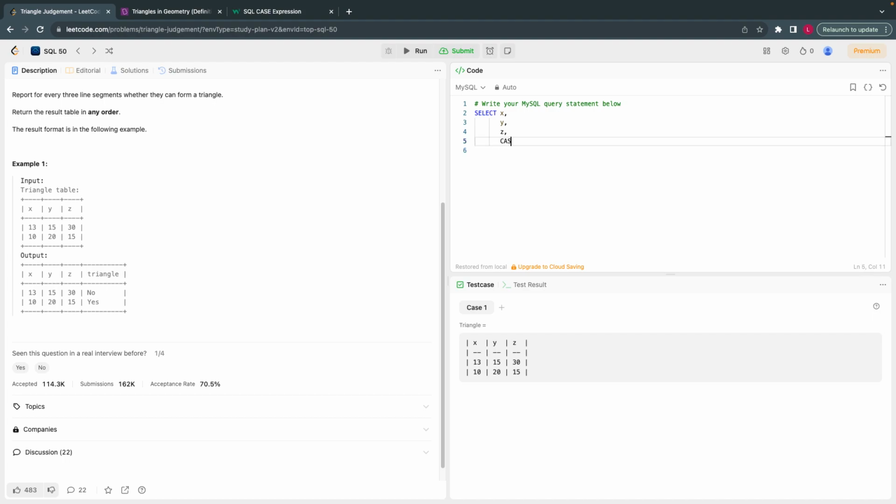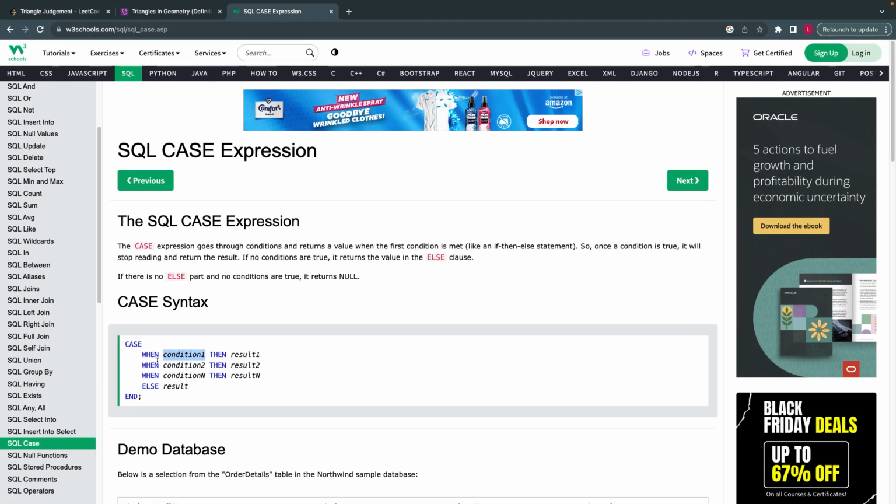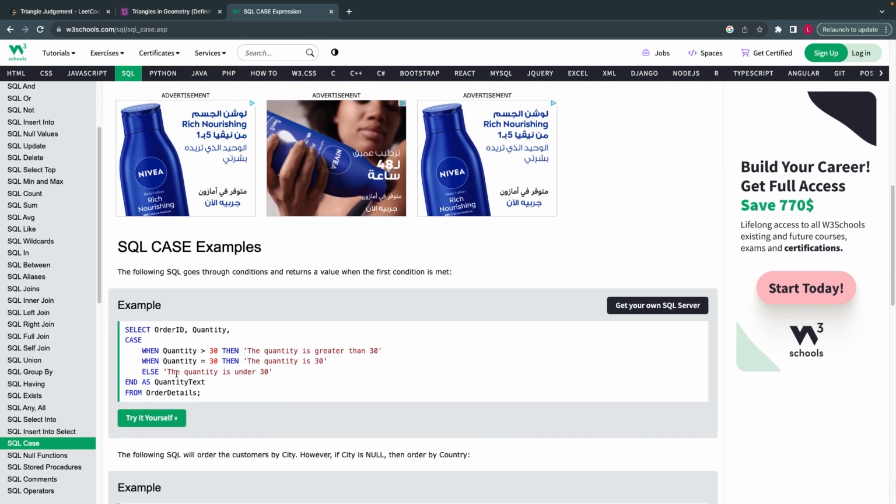Now I'll add a case statement. You already know how the syntax of a case statement looks: case when condition, but we have multiple conditions, right? When the condition matches, then the result is this, else we can also have an else condition. Here you will see many examples.